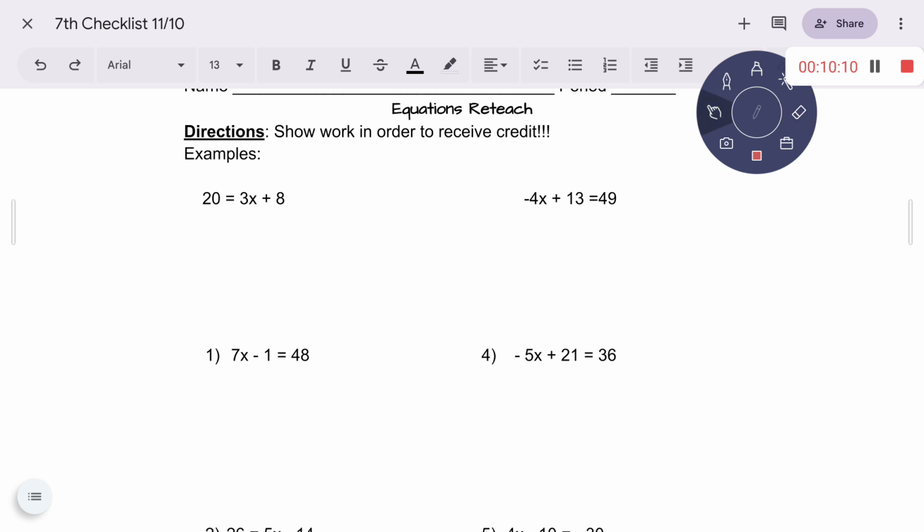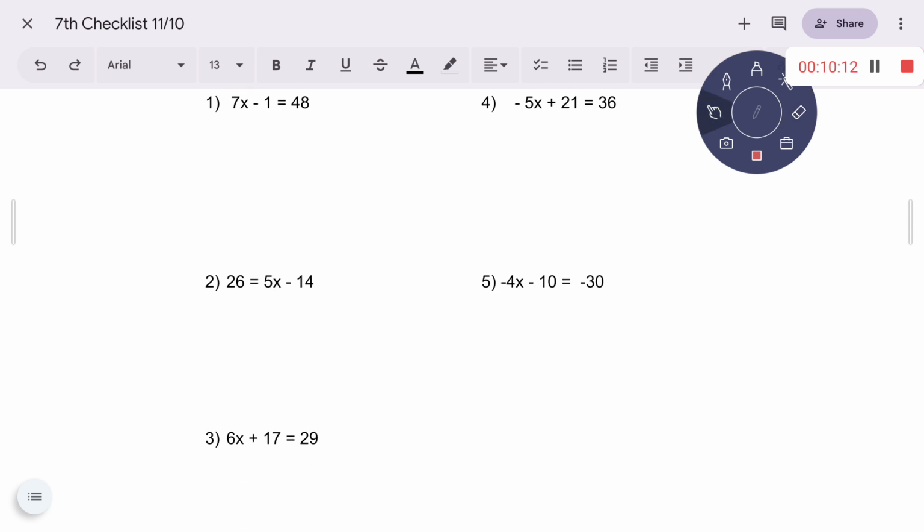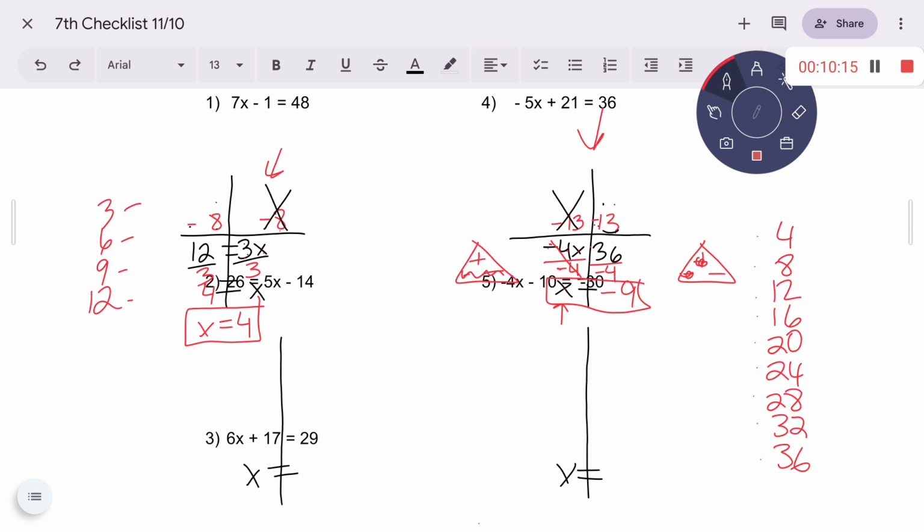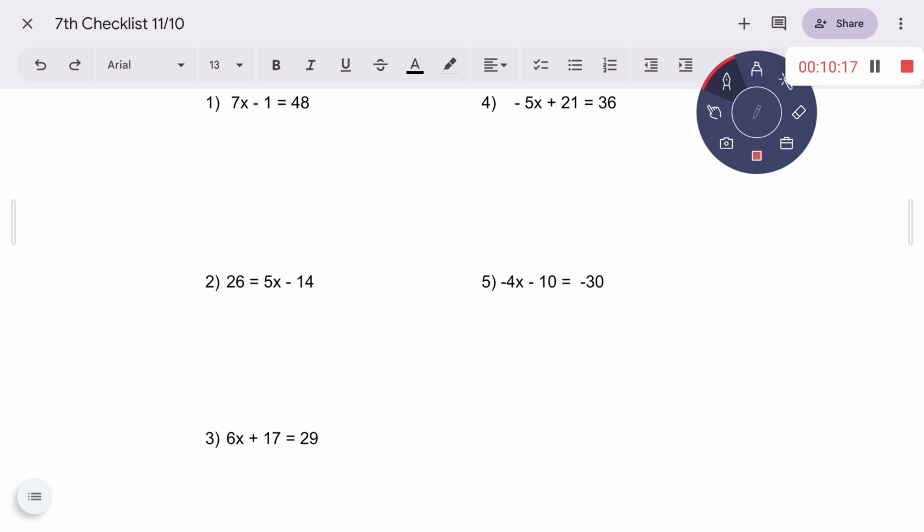Now the last thing I want to show you is on number 5, okay? I'm not going to do the whole problem, but I do want to start it with you. I think you're going to get the first step correct. At least you're going to know what to do. Right here, it says minus, so we put a plus, okay? So then we cross.